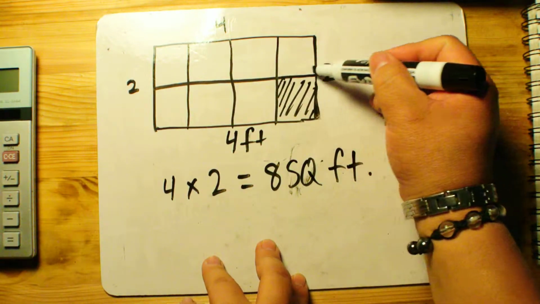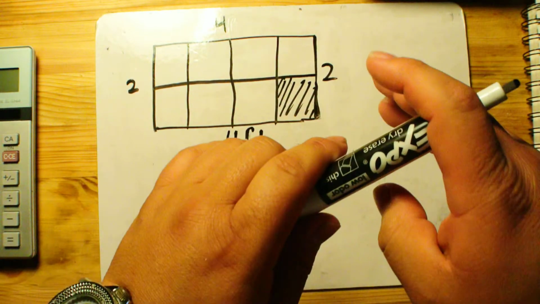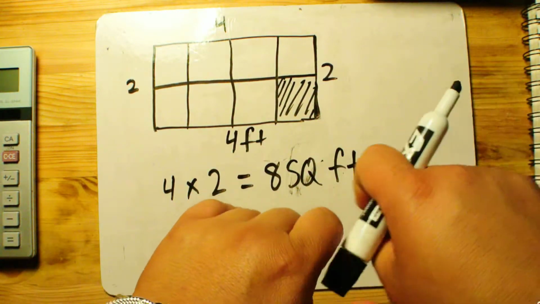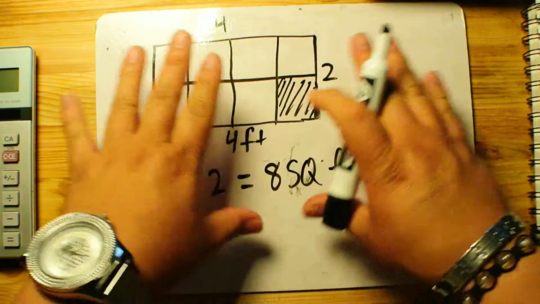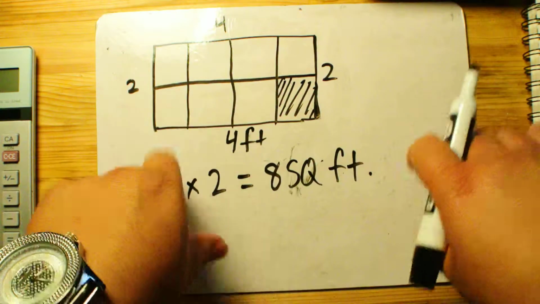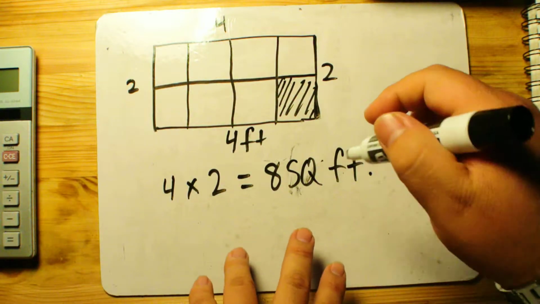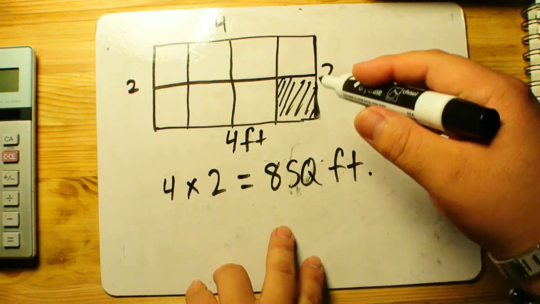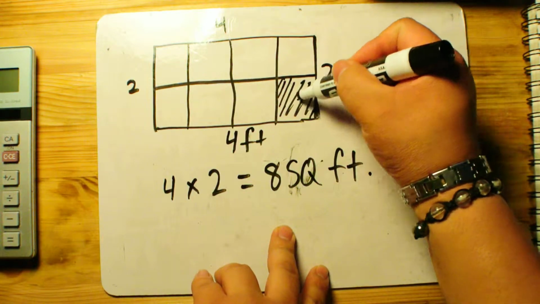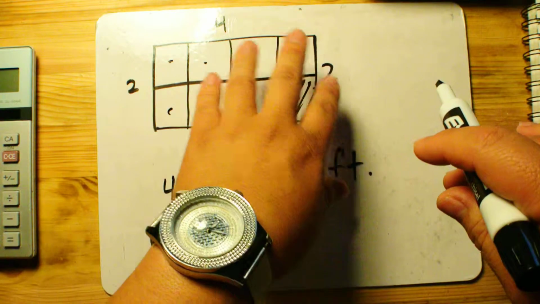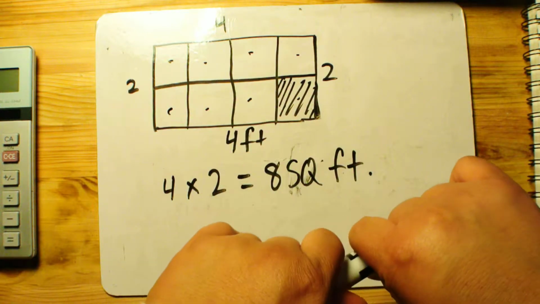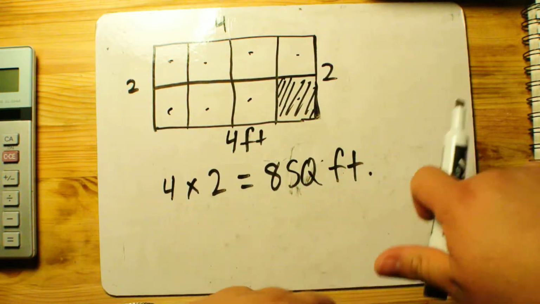It just means that it's an actual area. It's not a length, and it's also not a volume, it's just a flat unit of measurement. And that means there's 1, 2, 3, 4, 5, 6, 7, 8 of these units. And that's the area.